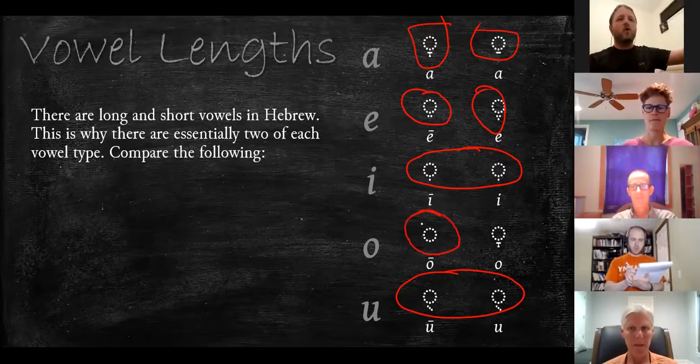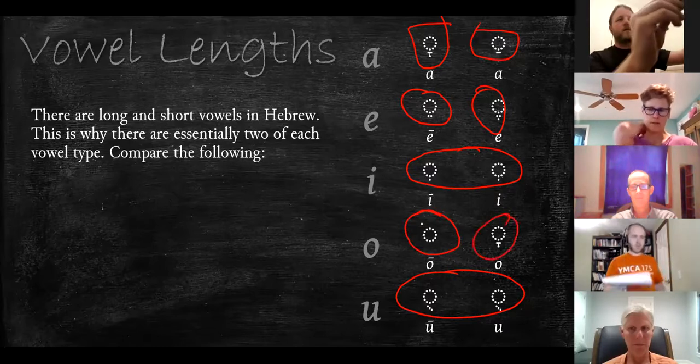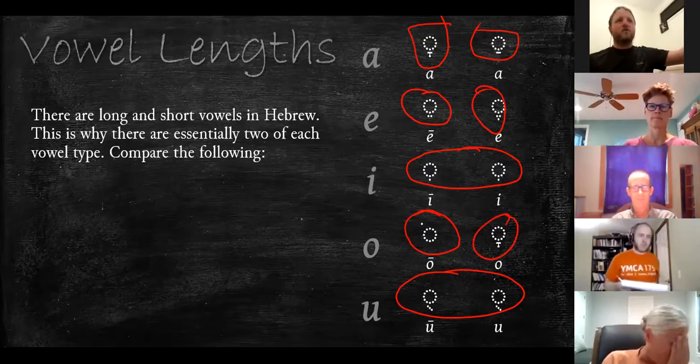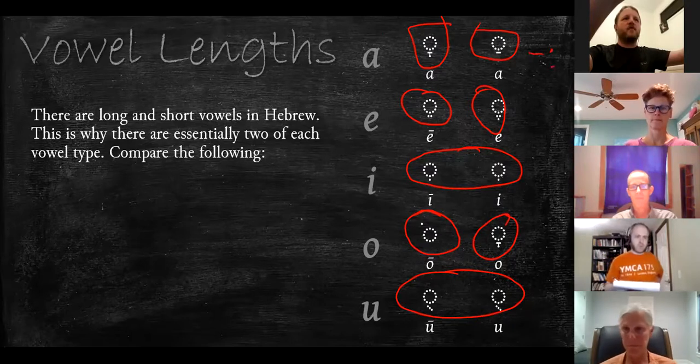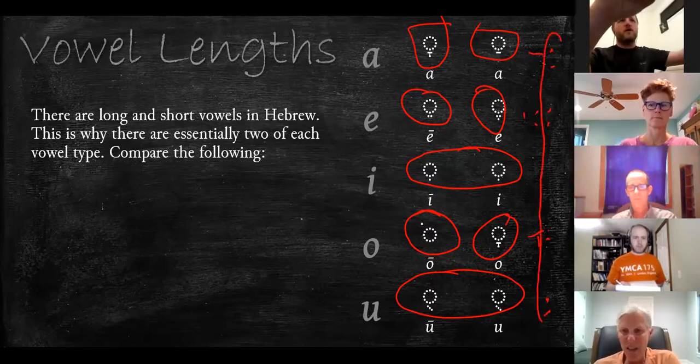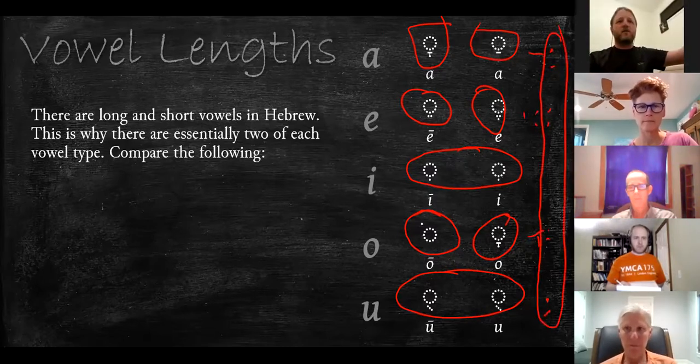Cholam is long, and kamatz katan is katan, small, short. Of course, we have the reduced vowels chataf patach, chataf segol, and chataf kamatz. All of those are called reduced, as is shva. Any shva is reduced, whether it's simple or composite. Composite shva is made up of shva with one of the short vowels.